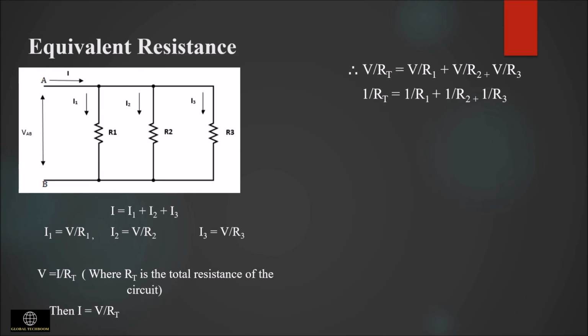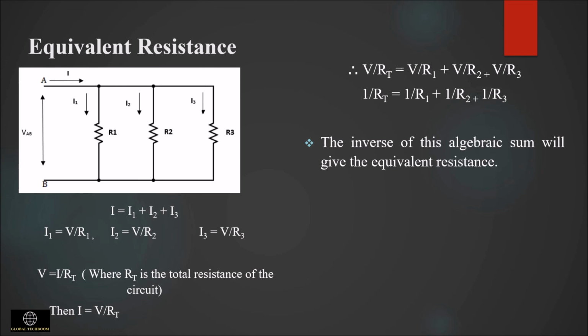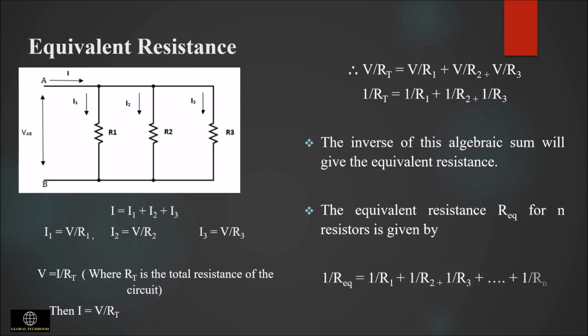So by adding the reciprocal values of the individual resistances, we obtain the equivalent resistance of the circuit. The inverse of this algebraic sum will give the equivalent resistance. The equivalent resistance for n resistors is given by 1 by R equivalent is equal to 1 by R1 plus 1 by R2 plus 1 by R3 up to 1 by Rn.